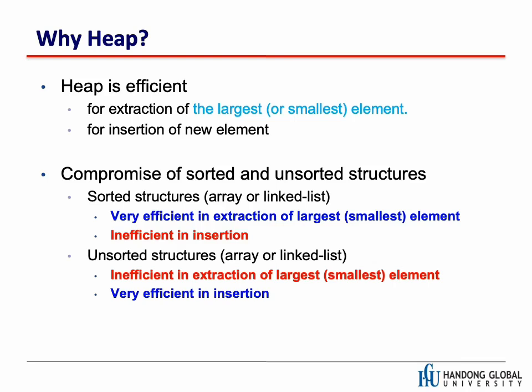And when we add a new element, this is not really a sorted structure, so we can put it in a max heap, and the only constraint is that the parent node should be larger than the children. That's the only constraint. So when we add the new element, we can check only that. So it's much more efficient than the sorted structure to insert. We'll talk about all this extraction and insertion.